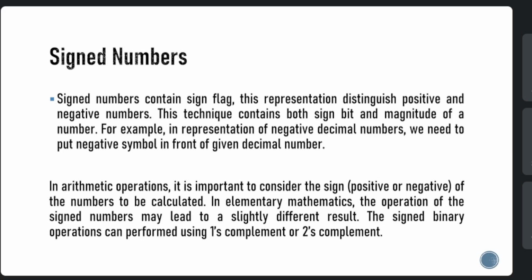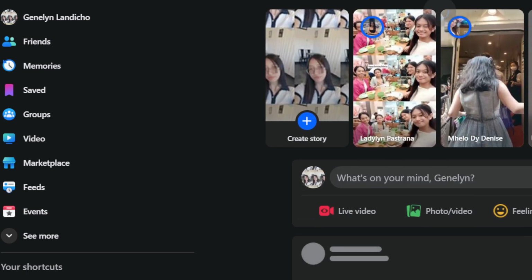In elementary mathematics, the operation of signed numbers may lead to slightly different results. Signed binary operations can be performed using one's complement and two's complement. Signed binary numbers are represented as binary numbers with the most significant bit as the sign, 0 for positive and 1 for negative.